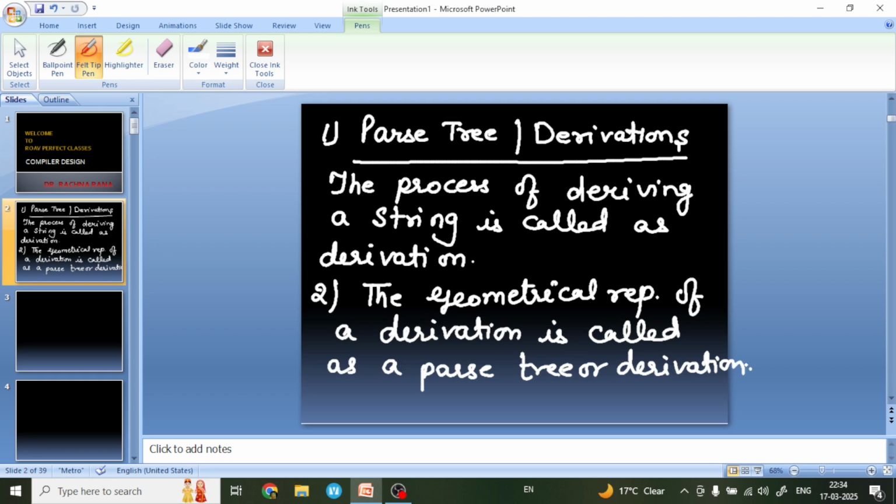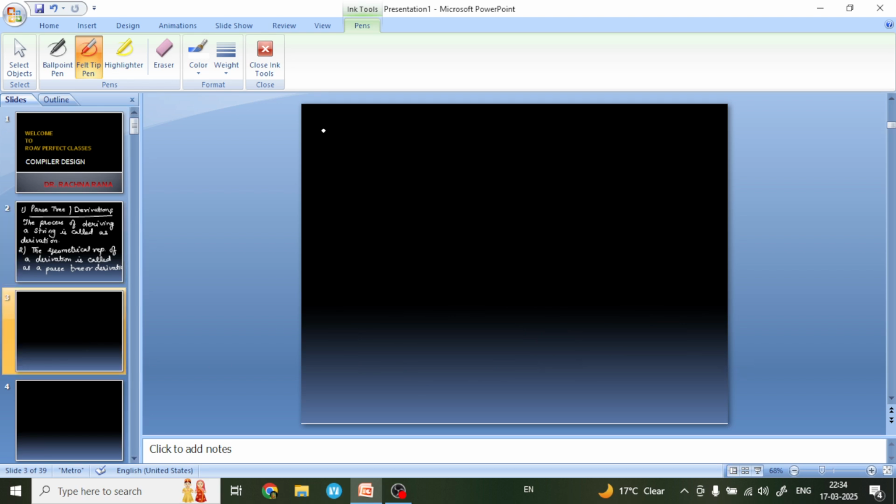First derivation is leftmost derivation.